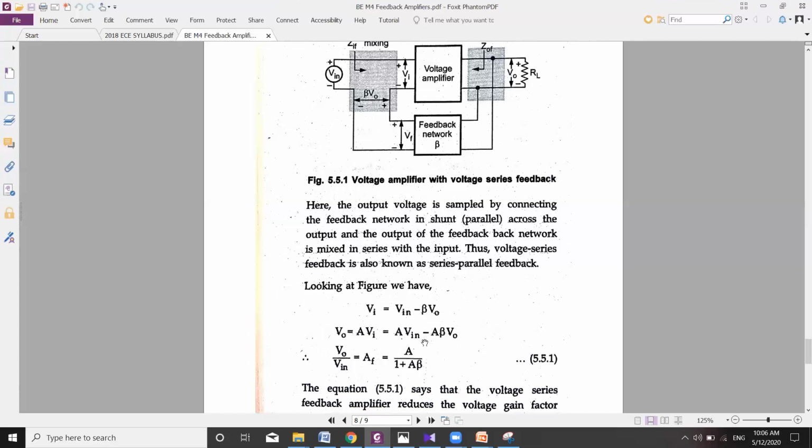Fine. Now, in this part of the expression we have V naught, and here also we have V naught. This has a negative sign, and if you send it to this side, it will become a positive sign.